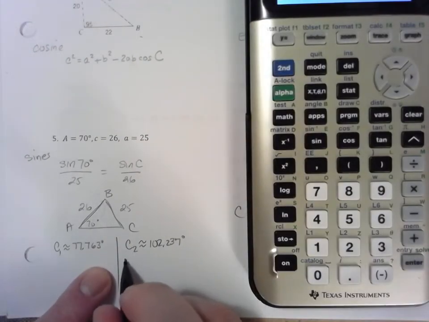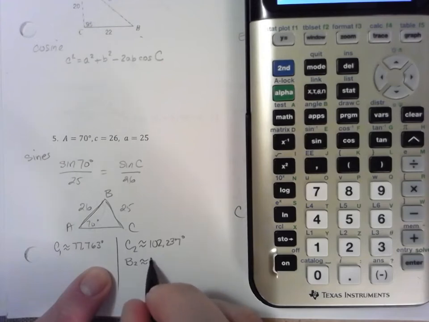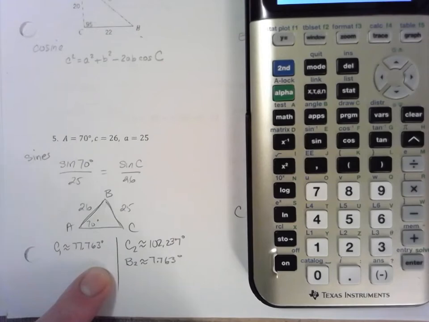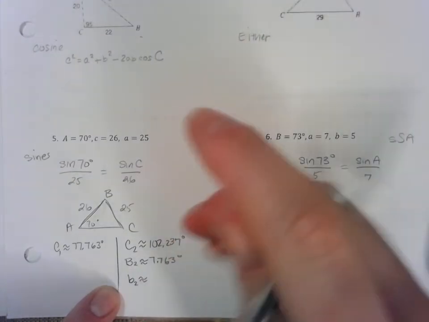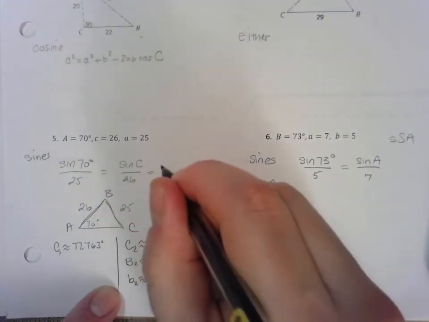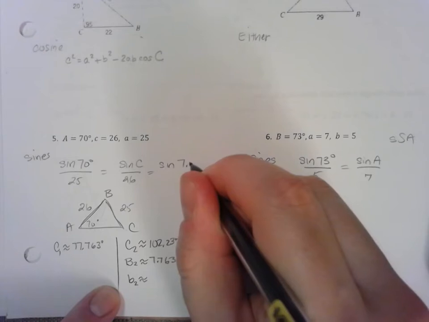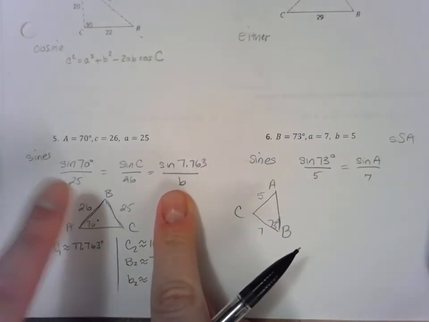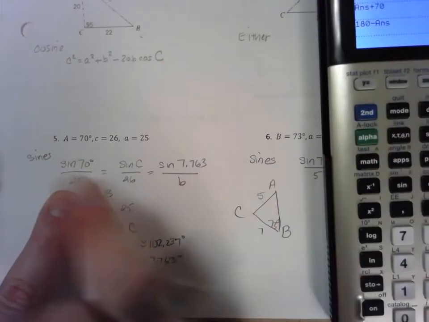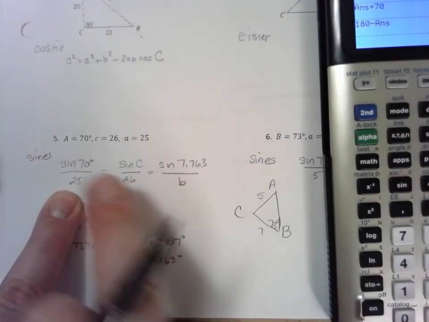That small angle B is approximately 7.763 degrees. So that would influence the second value for the side length of b using that angle, 7.763 divided by little b. I'm going to set this up, the first and the last added, so we're going to set 25 times this, divided by that.